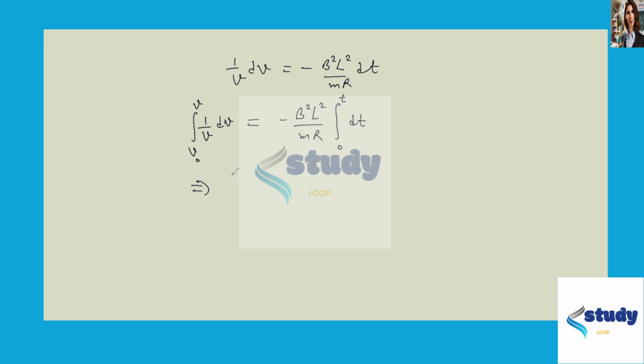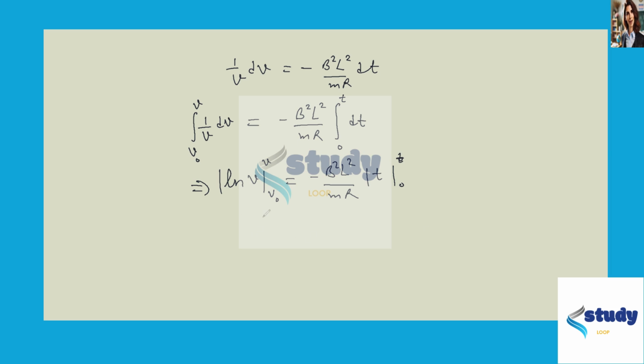So integration of 1 by v with respect to dv comes out to be natural logarithm of v over the limits from v naught to v. And here it will become B square L square by m R times t, having the limits of time from 0 to t.